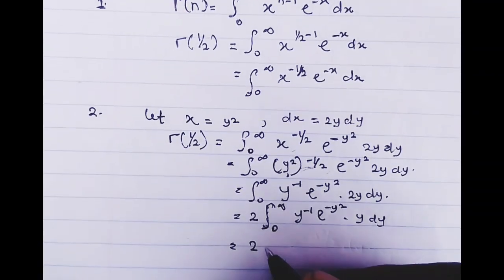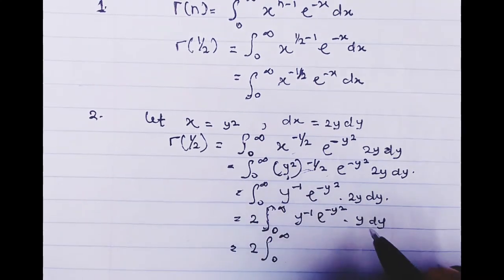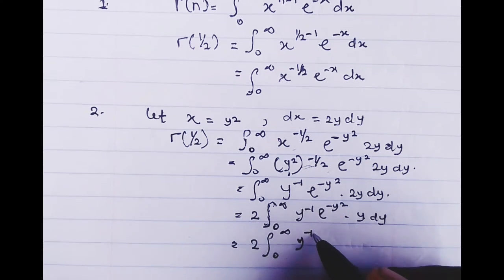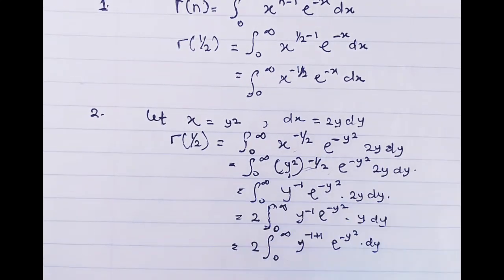So this gives me 2 times the integral from 0 to infinity of y times y raised to power minus 1, which gives y raised to power minus 1 plus 1, exponential minus y squared dy.